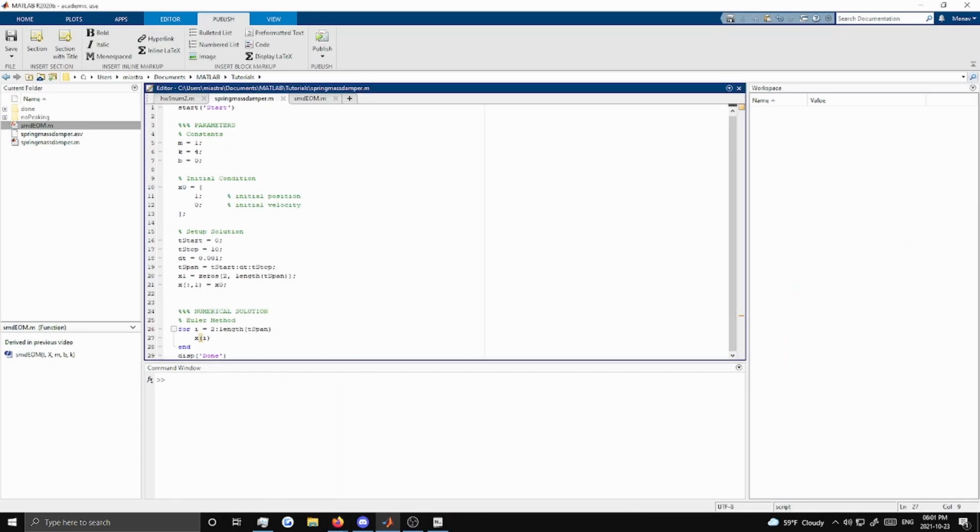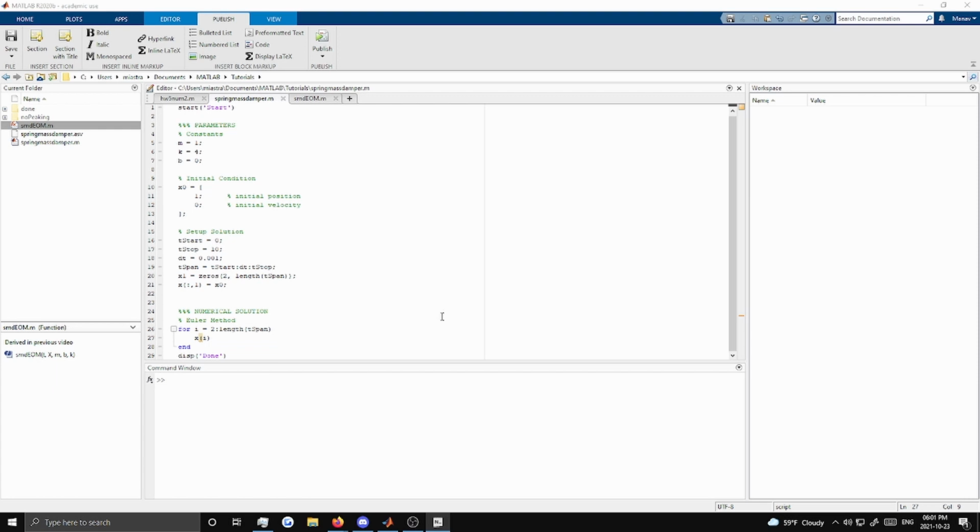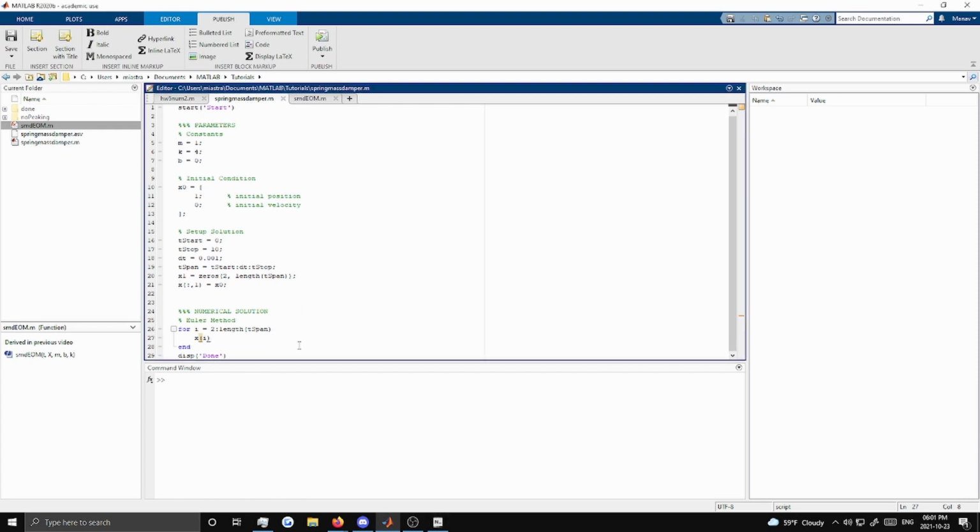So let's implement that. So we have x of i, or sorry, no, we have to look at all the rows and the column i, right? That's the way we have defined it. And we are going to set that equal to x1, our solution.